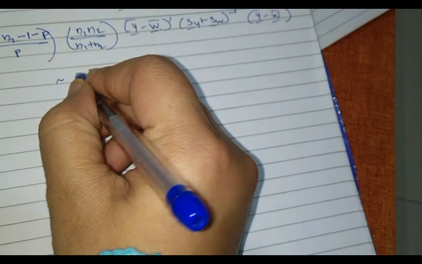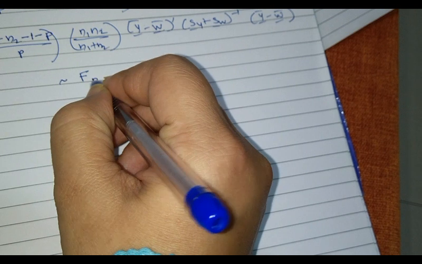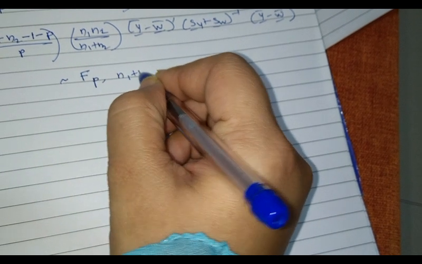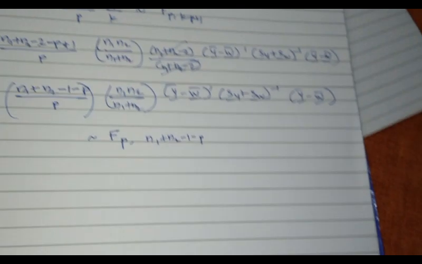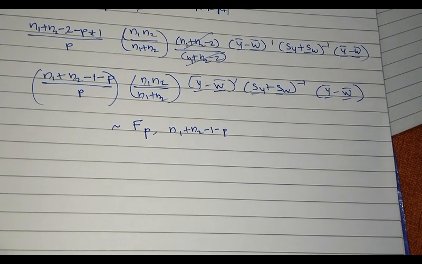This will follow F with P and K minus P plus 1, which is N1 plus N2 minus 1 minus P. So this is my final test statistic.